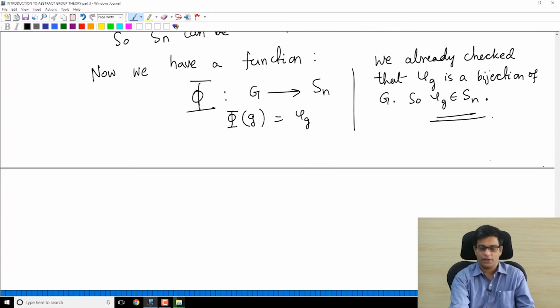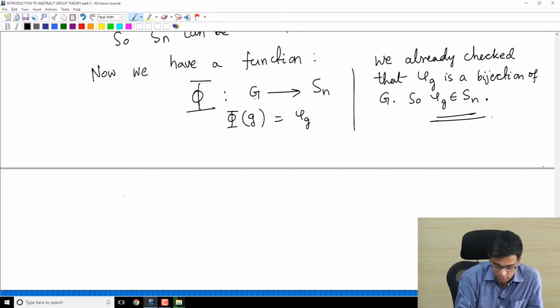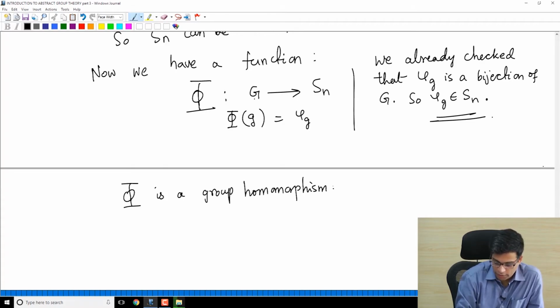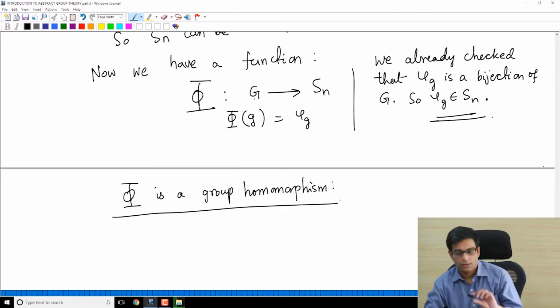Now capital phi is a function from a group to another group. So now I claim that phi is a group homomorphism. Okay, so you have to be careful here. So what is the function phi? It sends an element to another function.